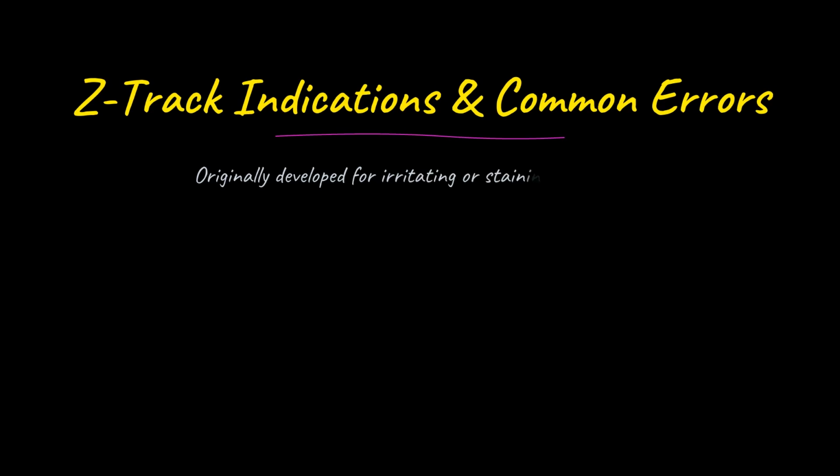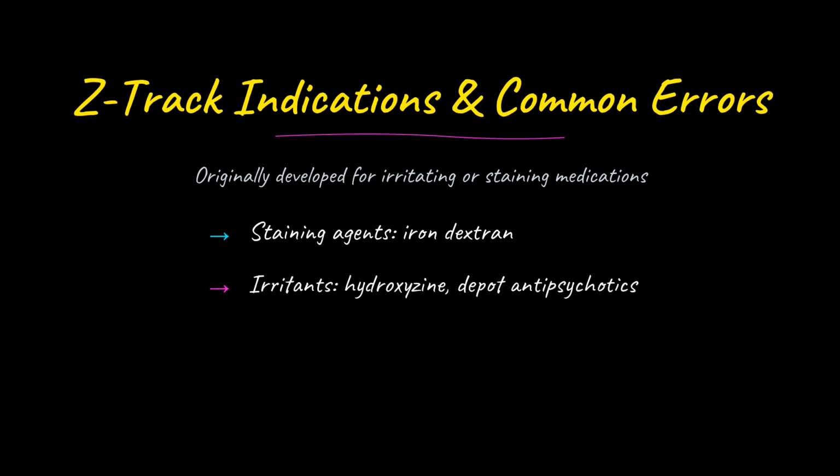The 3 critical steps are: pull the skin laterally about 1 inch, inject slowly and wait 10 seconds before withdrawing the needle, then release the skin without massaging. Massaging the site would force medication back along the tracks that were just sealed. Z-track was first developed for medications like iron dextran and hydroxyzine that stain or irritate tissue if they leak. Today it is recommended for most intramuscular injections.